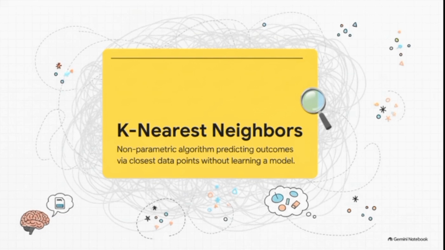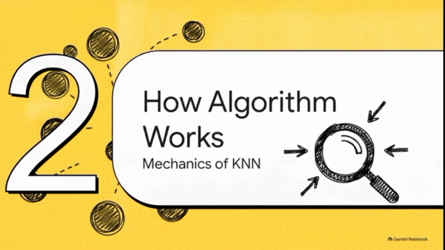It doesn't assume your data forms a nice bell curve or a straight line, it just takes the data exactly as it is. It's also called instance-based, and this simply means instead of learning an abstract mathematical model, it has a perfect memory. It literally memorizes the entire data set. To make a prediction, it just looks at the k nearest points, k being whatever number of neighbors you choose to look at.